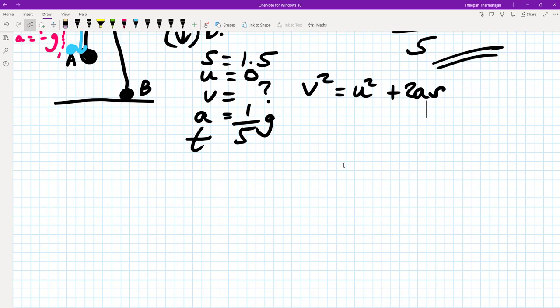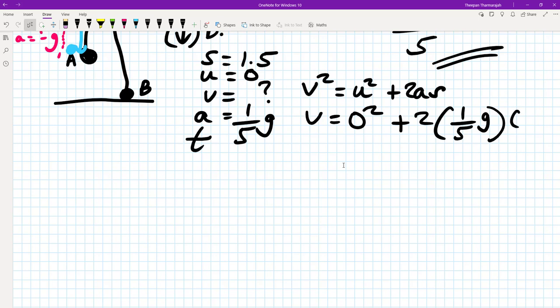Then we can say that v squared is 0 squared plus 2 times a fifth of g times 1.5.